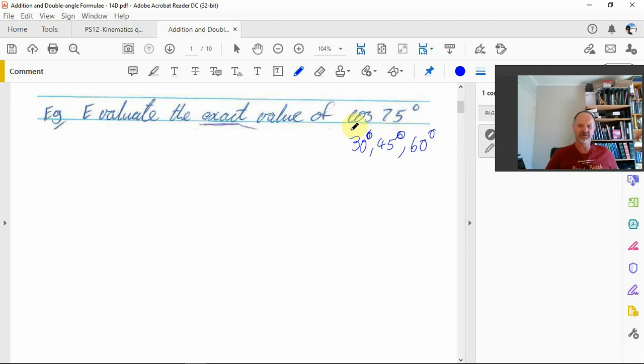So what we have to do is express 75 in terms of those. So 75 would be 30 plus 45, wouldn't it?